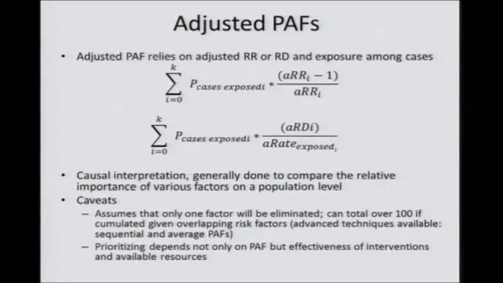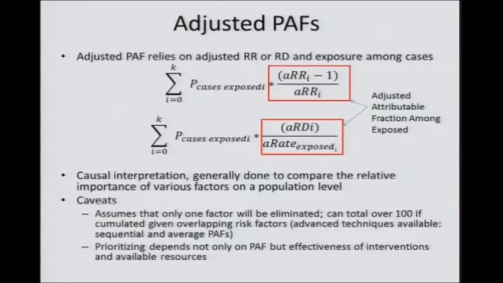But this is really looking at the adjusted attributable fraction among the exposed. 1 minus 1 over the relative risk is the fraction that could be prevented among the exposed.